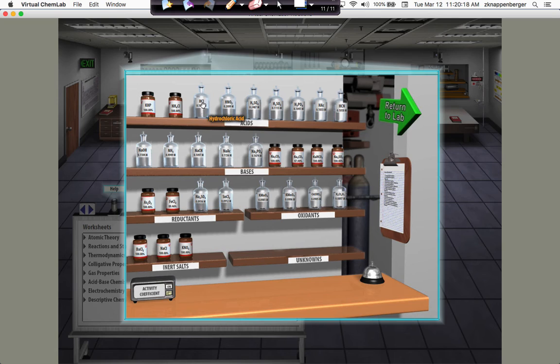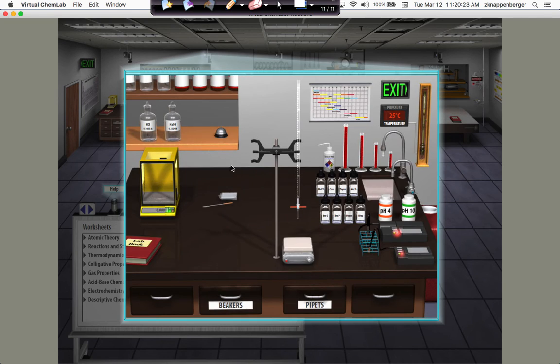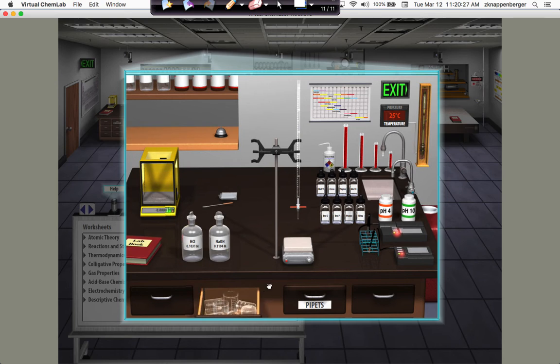So we run in here, let's grab some HCl, let's grab some NaOH, let's go back into the lab, let's pull these into the lab. Let's grab a beaker, throw this on here. We'll put sodium hydroxide in the burette. We'll put HCl in here and then in here, and then we'll stir this.